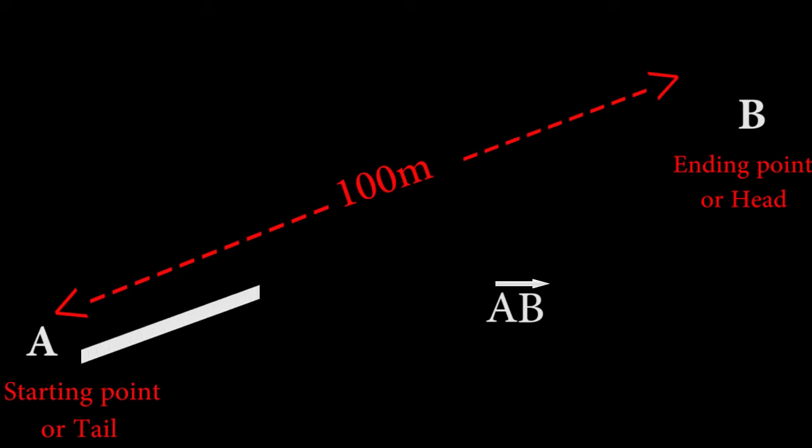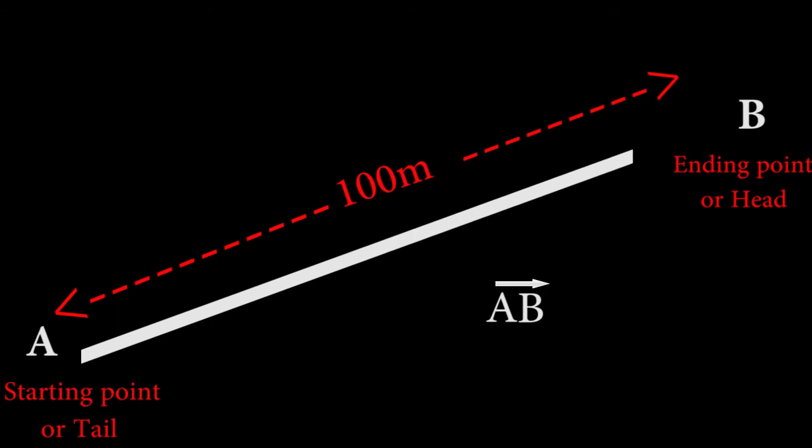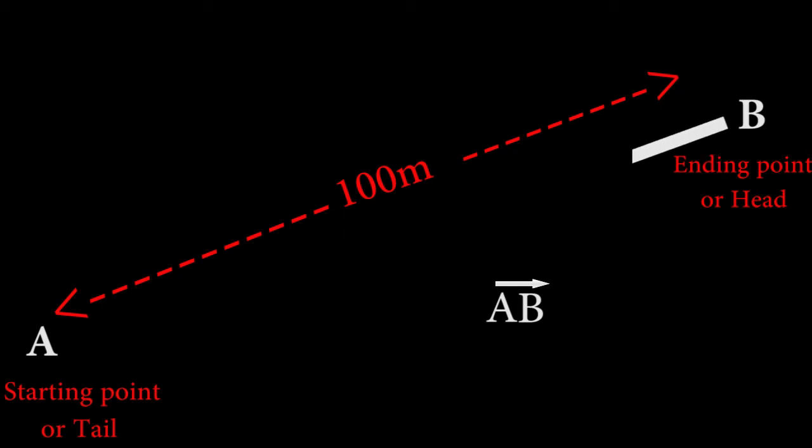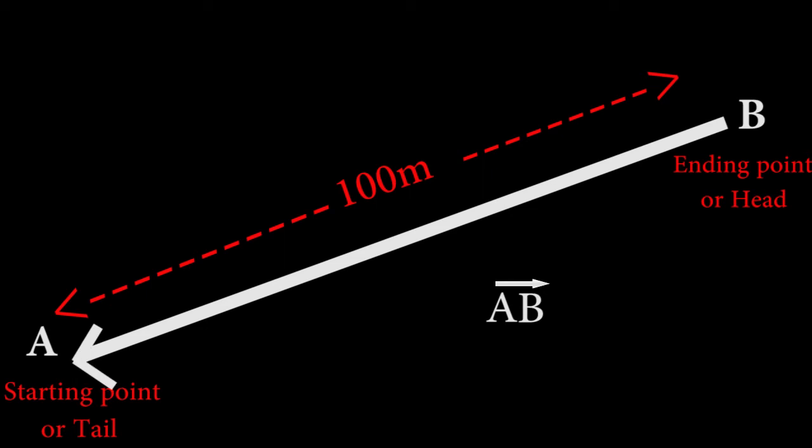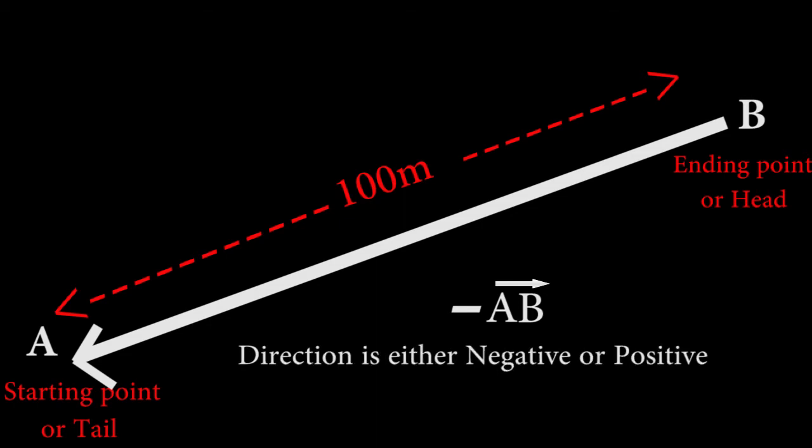If the direction is from starting to ending point, then the vector is positive. Or else, if the direction is from ending to starting point, then the vector is negative. Direction is either negative or positive.